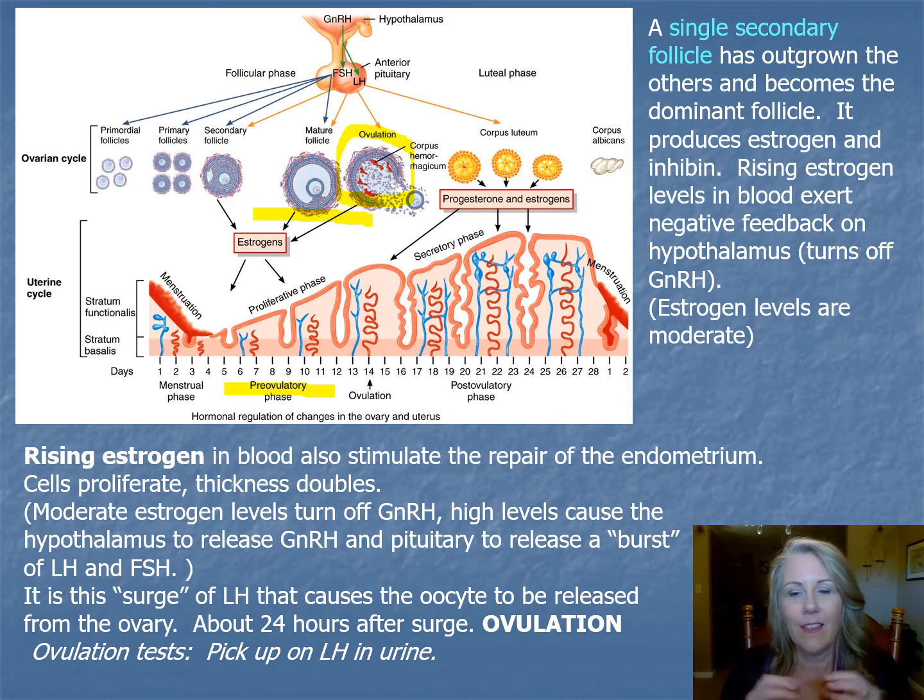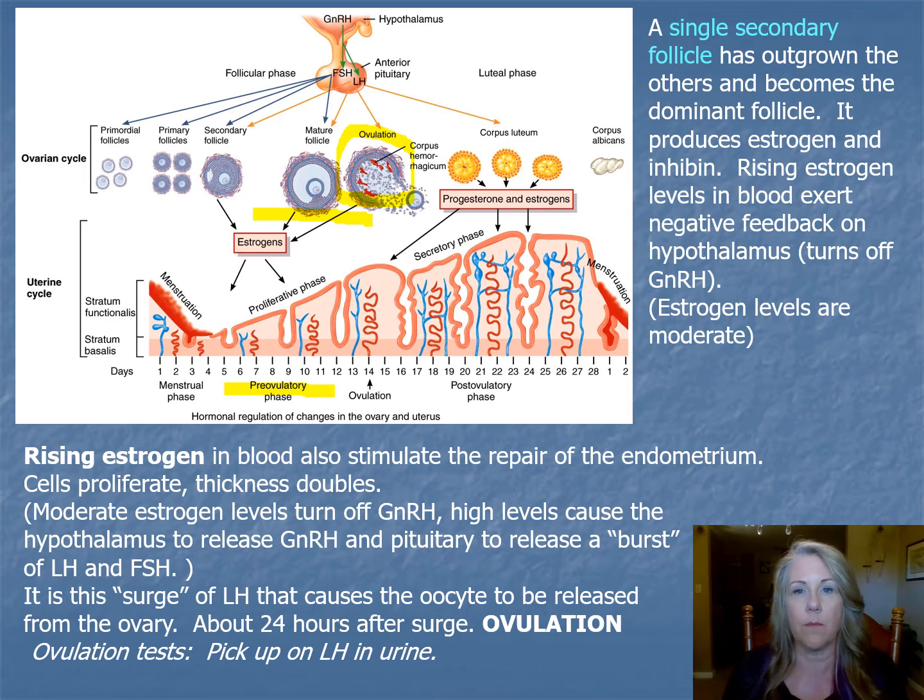So the secondary follicle at this point is releasing a high amount of estrogen, the highest amount that she's going to have throughout the entire month. Then that has an effect on the hypothalamus. The hypothalamus releases a bunch of gonadotropin releasing hormone all at one time. Okay, we call that a burst. That burst of gonadotropin releasing hormone has an effect on the pituitary.